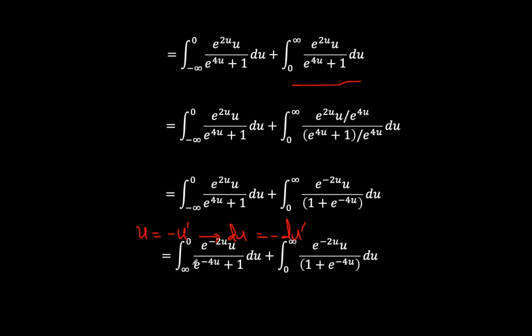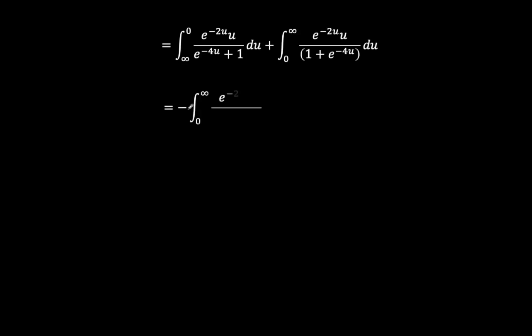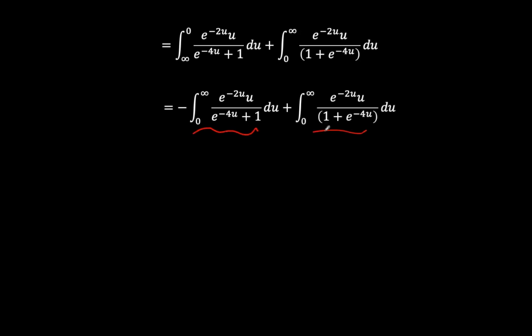Now when we flip the limits, then we have to attach a negative to this side. So now we do have this integral, which is the same as this integral, but opposite in sign.